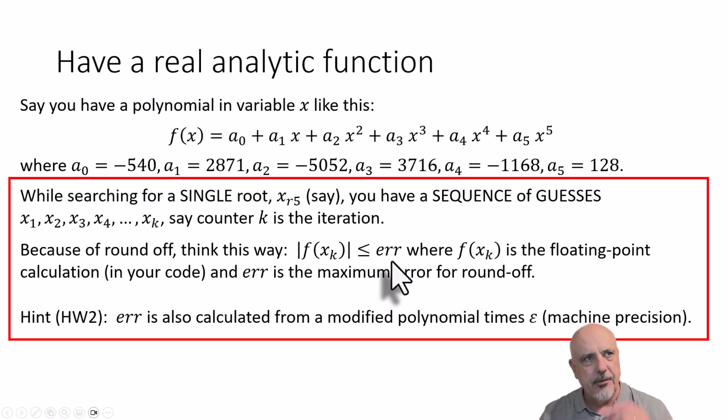We want to make sure that whatever x we have in the calculation of the polynomial here, that is a very small number. Take the absolute value of it, and we want to check it relative to this error. And if it's true, then that means that x, to within floating point round off, could be a root.